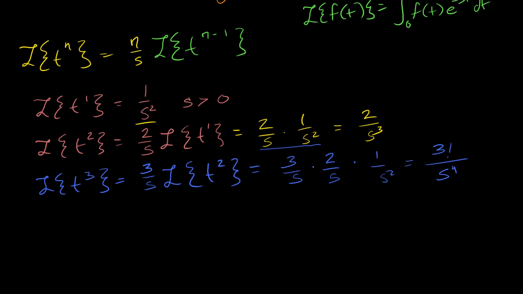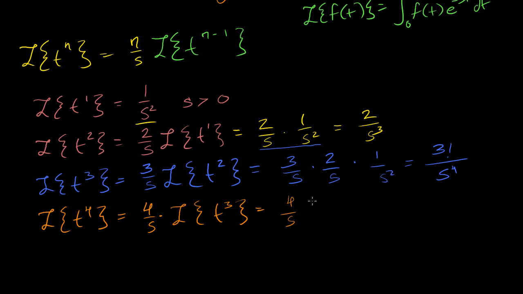Let's do another one. I think you already are getting the idea of what's going on. The Laplace transform of t to the 4th power is what? It's equal to 4 over s times the Laplace transform of t to the 3rd power. And that's just 4 over s times 3 factorial over s to the 4th.